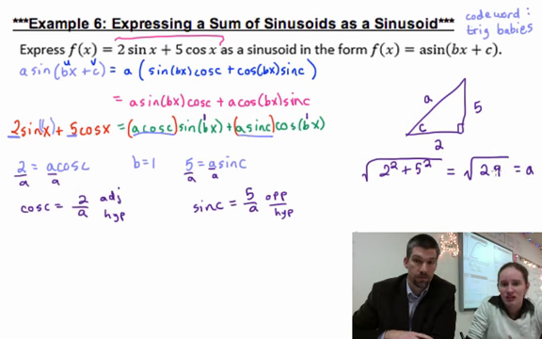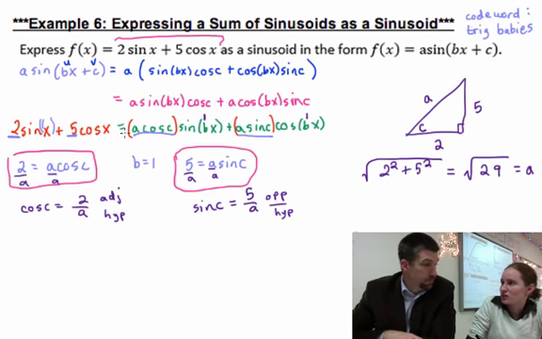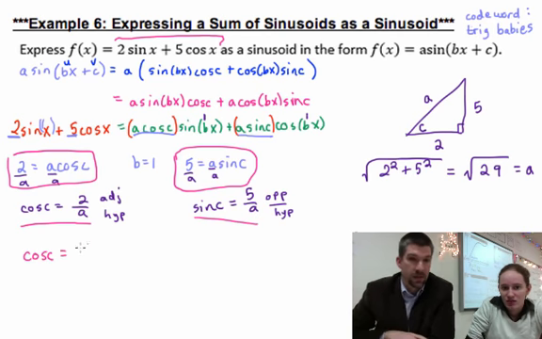Now we need C. So what we can do is plug it into either of these formulas. You get to pick. That's the beautiful thing. Let's go with the cosine C part down there: cosine C equals 2 over the square root of 29.